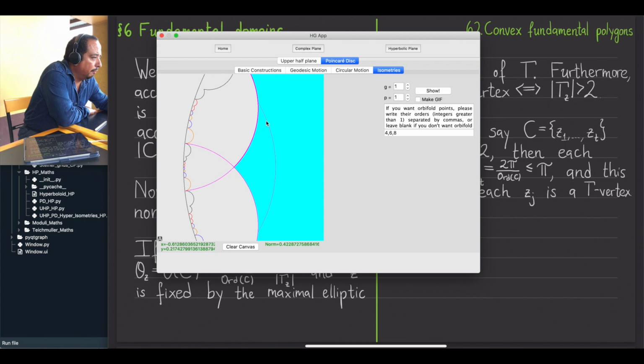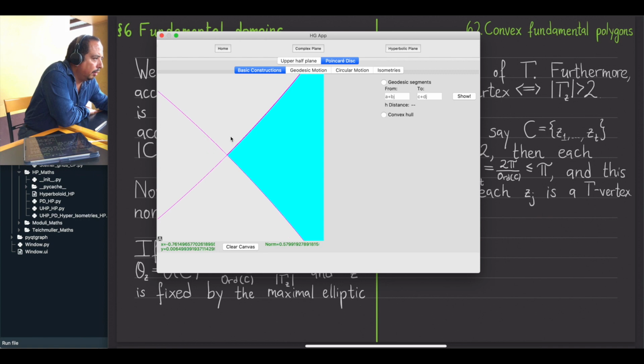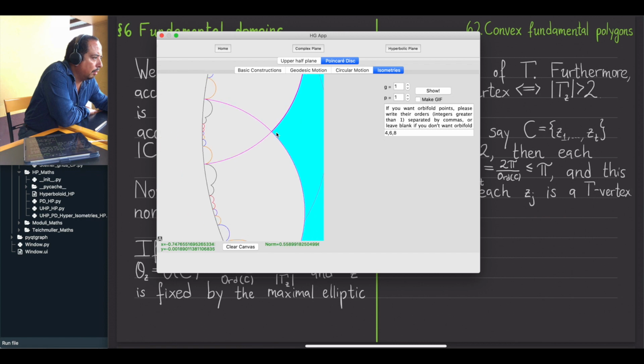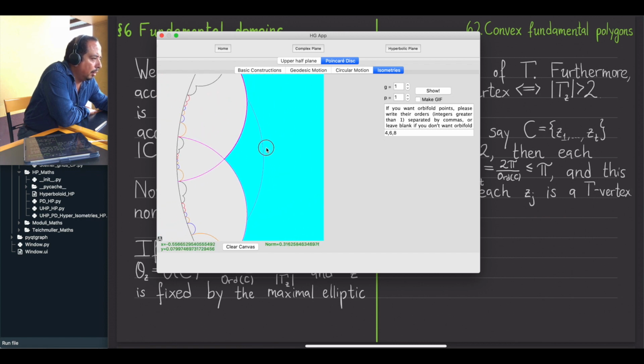the angle obtained by P at this point is 2 pi over 4, or pi half, which you can sort of see here, like if I zoom in, this really looks like a 90-degree angle, right? This on the one hand. On the other hand, when I compute the stabilizer in gamma of this point, that stabilizer turns out to be the four-element elliptic group based at this point.